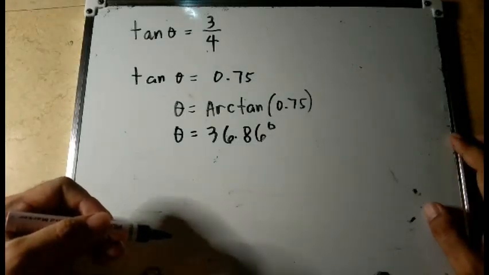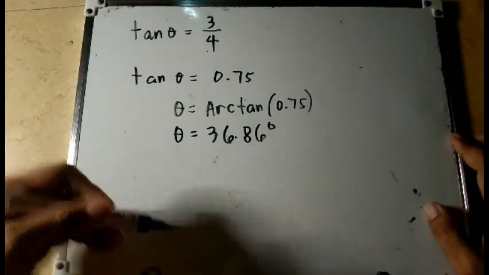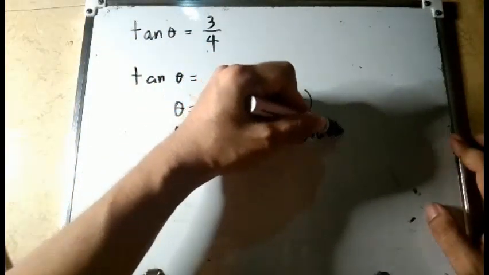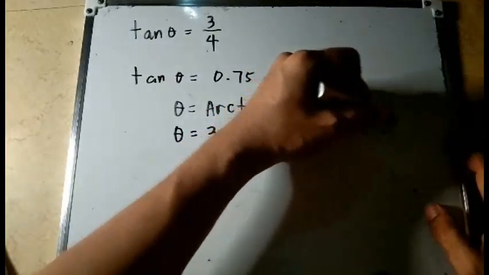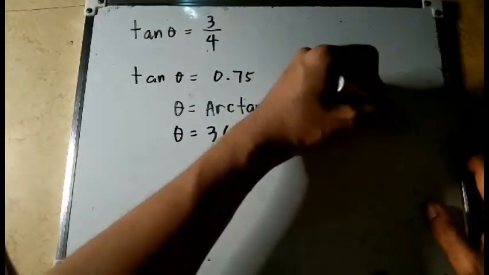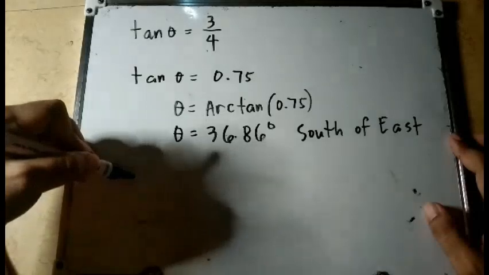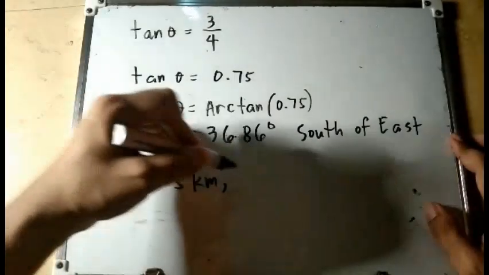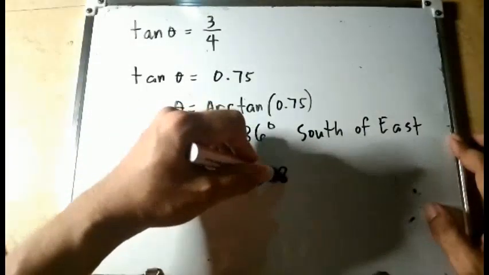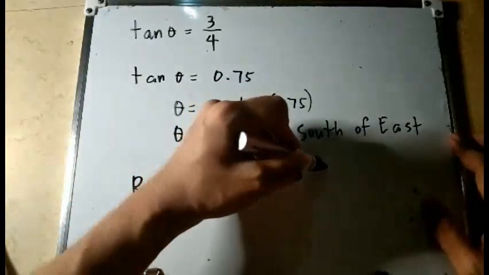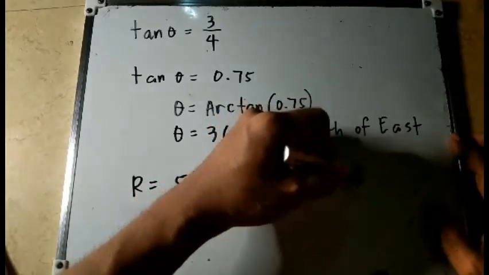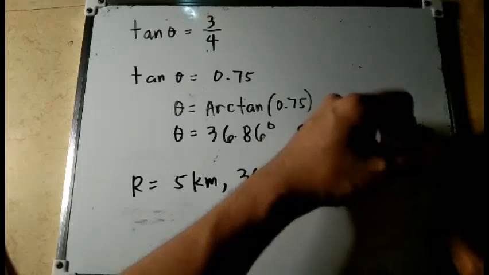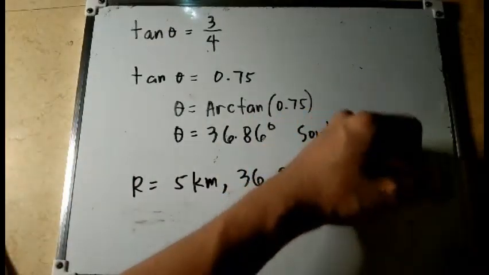Makapansin nyo dun, from east to south or south of east. Okay, so yung resultant natin, final answer is we have 5 kilometers, 36.86 degrees south of east.